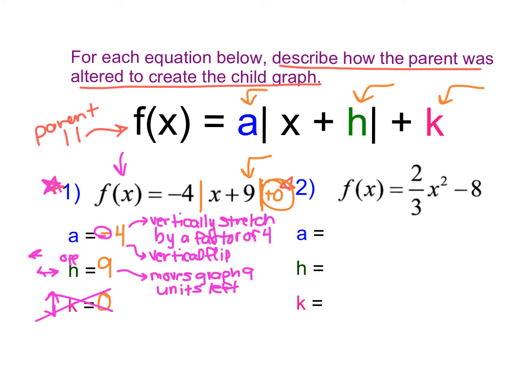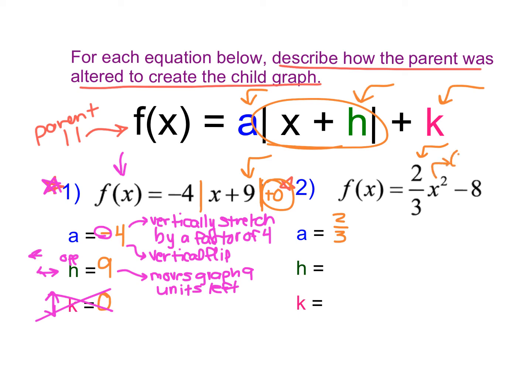So now if we look at example 2, we're going to go through that same process. We're going to identify a, h, and k to start. Here, our a value, remember, is right out in front of the entire function, which in this case is 2/3. We then have an h value of, well, typically it's right inside of parentheses, but we have an x by itself.